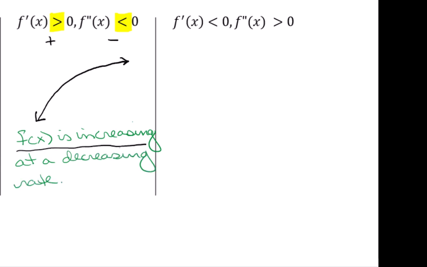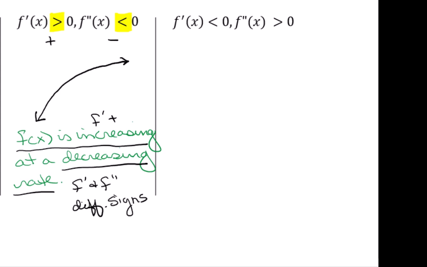Again, we know f of x is increasing because f prime is positive, and we know it's at a decreasing rate because the first derivative and the second derivative have different signs. Then what if our first derivative is less than 0 or negative, and our second derivative is greater than 0 or positive?